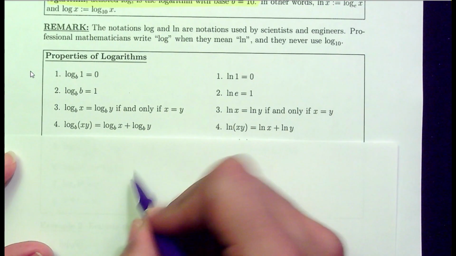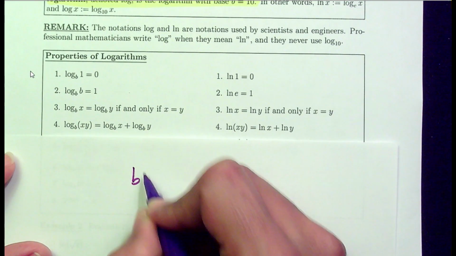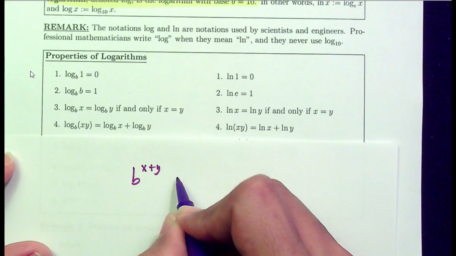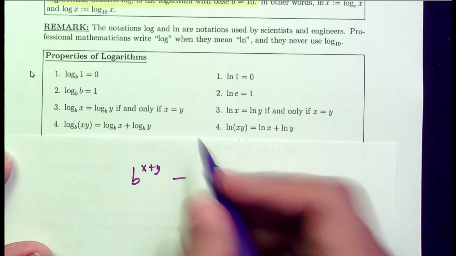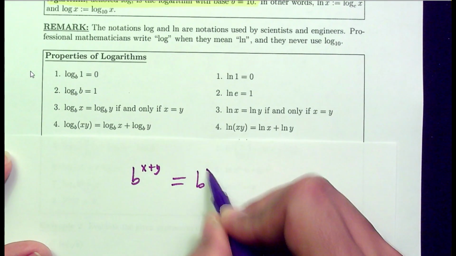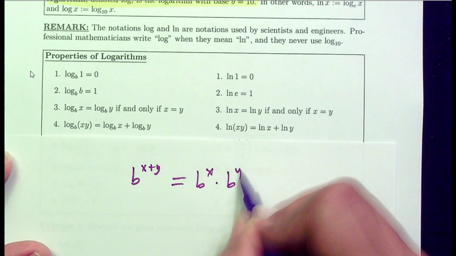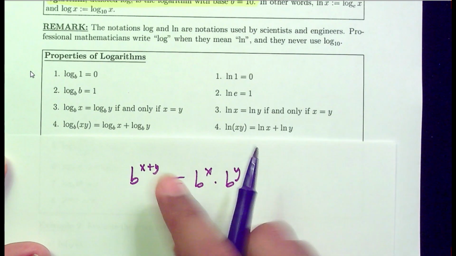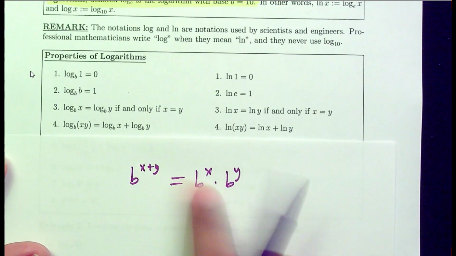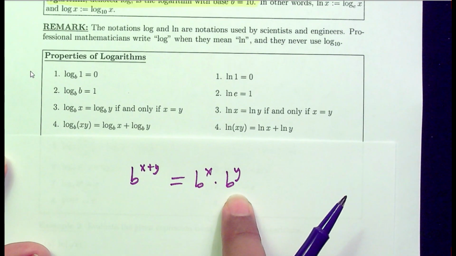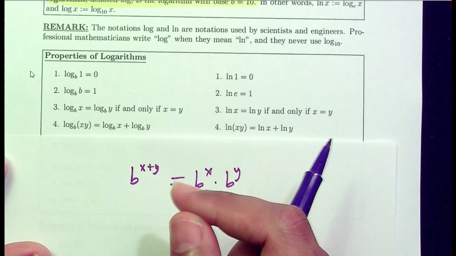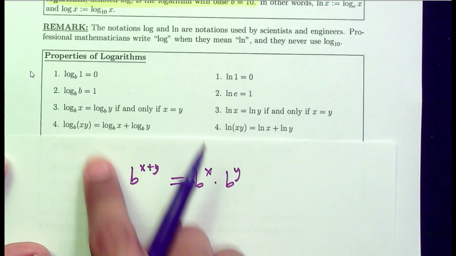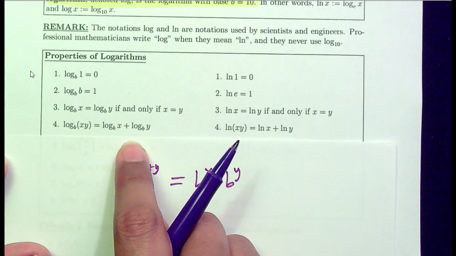So for example, we have b to the x plus y, which is the same as b to the x times b to the y. The logarithm does kind of the opposite. This one takes a sum and makes it into a product of two things, and then the logarithm is going to do the opposite because they're inverse functions. So it's going to take a product and make it into a sum.